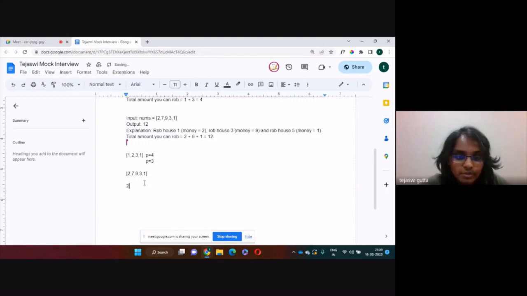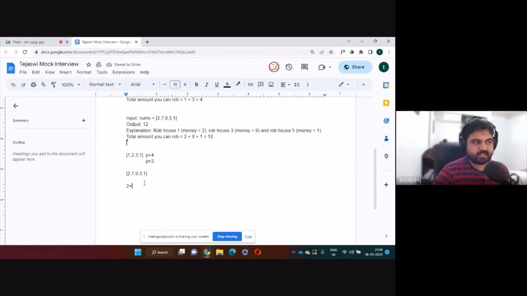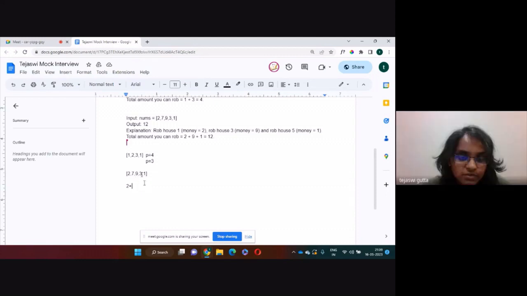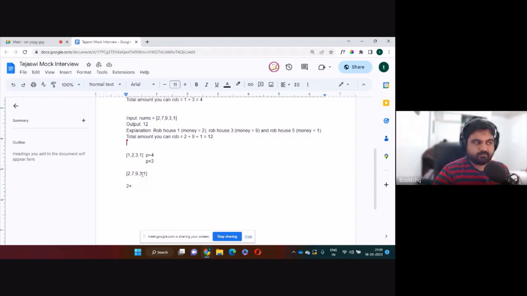So if I rob it, two plus 9 plus 1, and in the second call, it would be 7 plus 3. Basically, you are simply going through the array in odd numbers and even numbers, calculating the total amount and returning which one yields the maximum profit. Is that the idea?